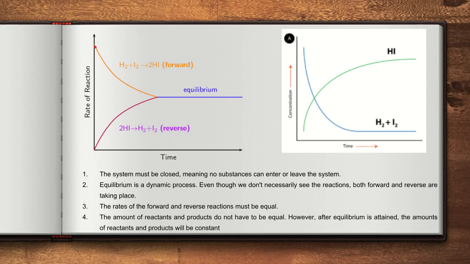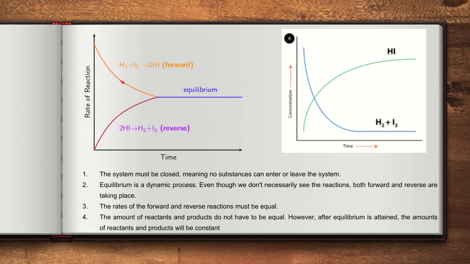This is the forward reaction. Hydrogen plus iodine making hydrogen iodide. So this would be the forward reaction here. We would start off with an awful lot of H2 and I2. That level would drop over time as we start to make the hydrogen iodide.